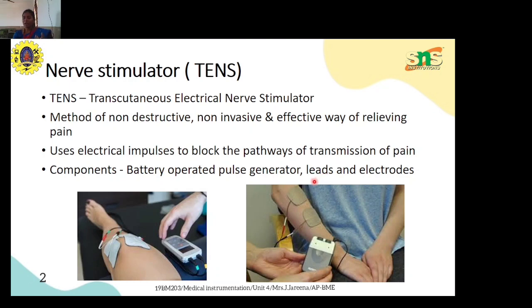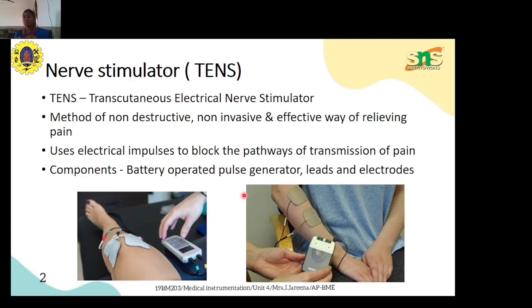Since it is a small handy device, we don't need to depend on the mains supply each and every time. If it is battery operated, we can easily move it, it's handy, and we can take it wherever we want to use it. That's why here we have components like the battery and pulse generator.